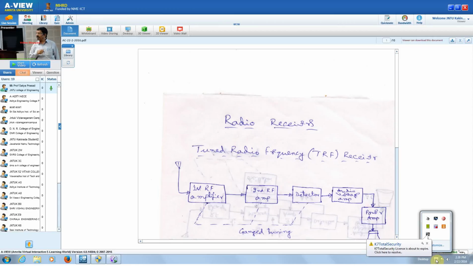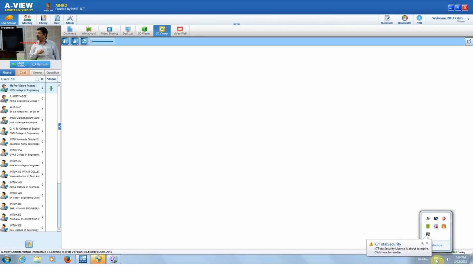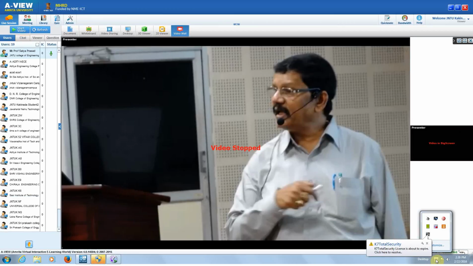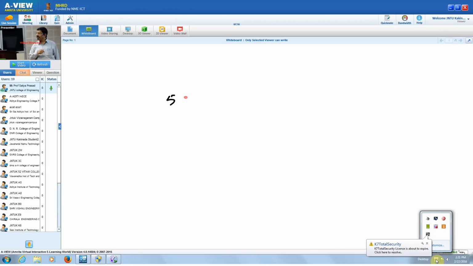We require Q equals F by delta F. So what is the value required? 53.5. So 53.5 is the Q value that we want.